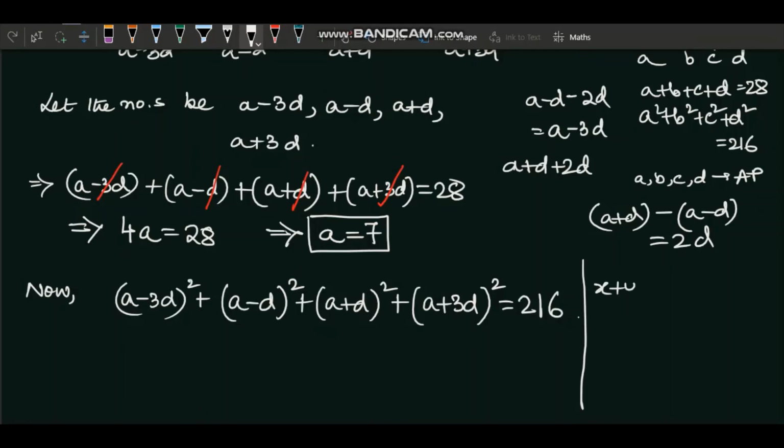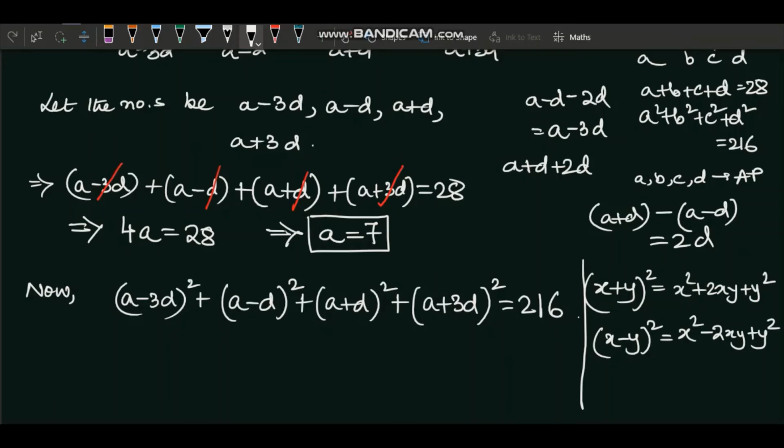We can use this: (x plus y) whole square is x square plus 2xy plus y square, very well known to all of us. And what is (x minus y) whole square? It is obviously x square minus 2xy plus y square. Now once we are adding these two, what are we getting? (x plus y) whole square plus (x minus y) whole square.